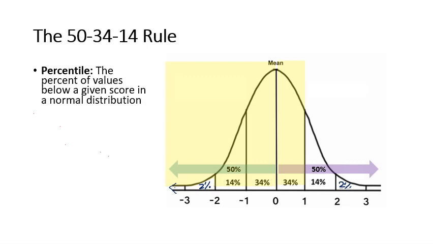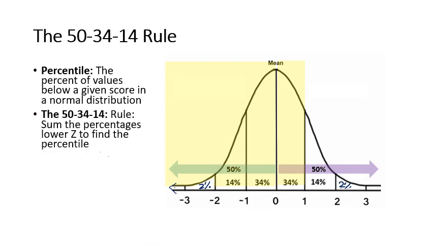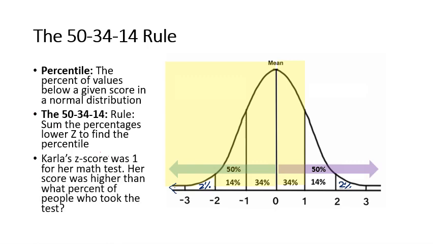It's the percent of values below a given score in a normal distribution. So let's give another example here. We would just sum the percentages lower than the z-score to find the percentile. So we just did this with an example of 1, but we'll look at it now a little bit neater in case it wasn't clear.